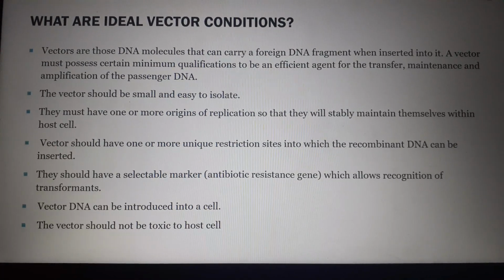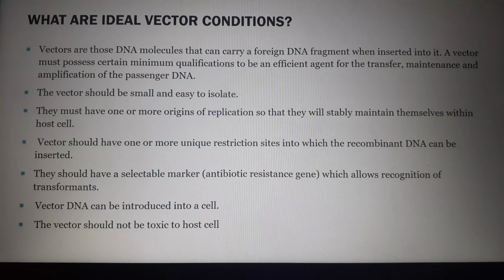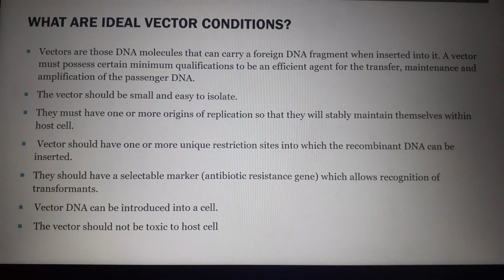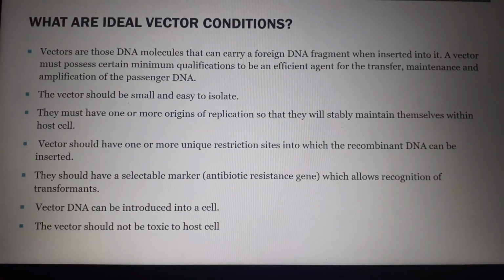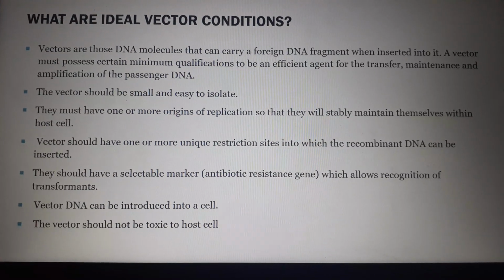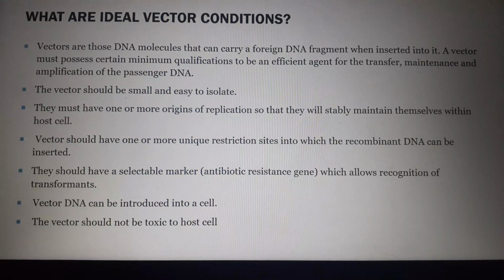The vector should be small and easy to isolate from the bacterium, and it must have one or more origins of replication, so the fragment DNA is easily introduced into it and stably maintained within the host cell.